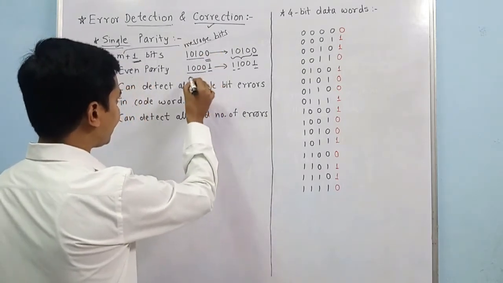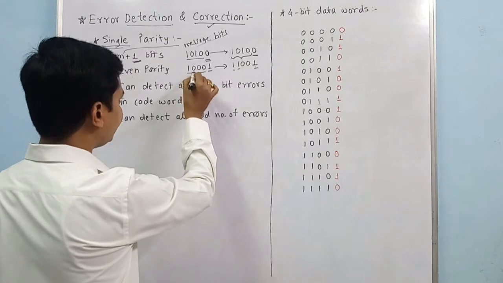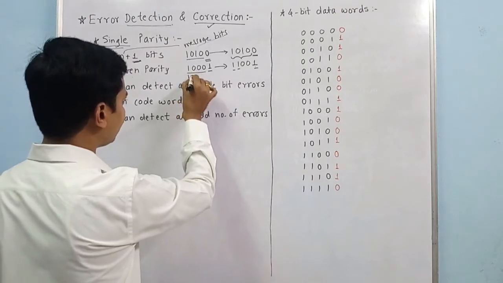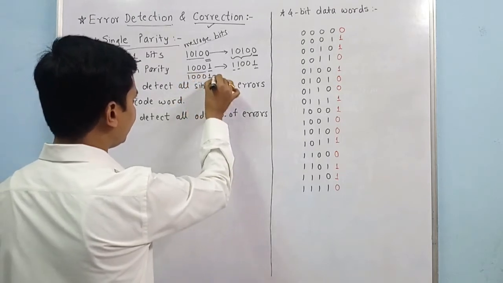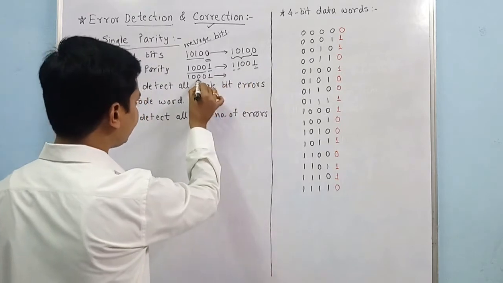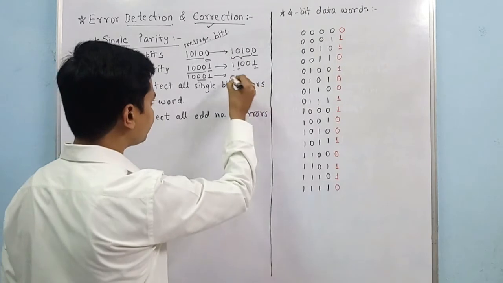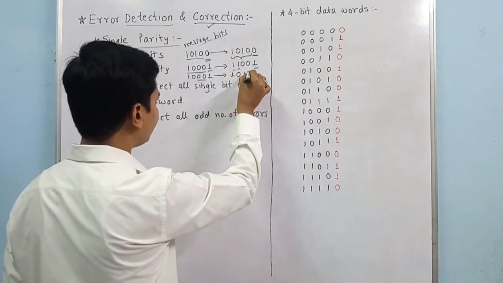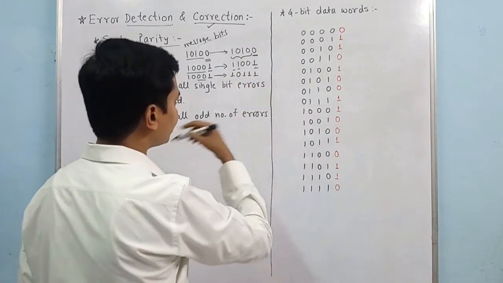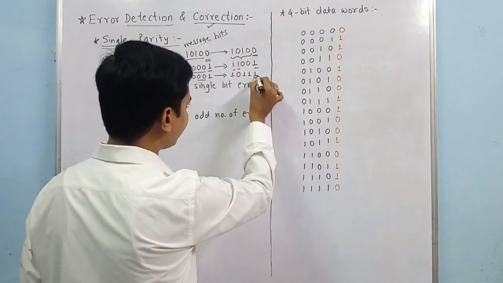Suppose the actual data sent by the transmitter is 10001, and suppose I change these two bits. Then what will the receiver receive? 10111. So here the receiver will see this parity bit, that is 1.